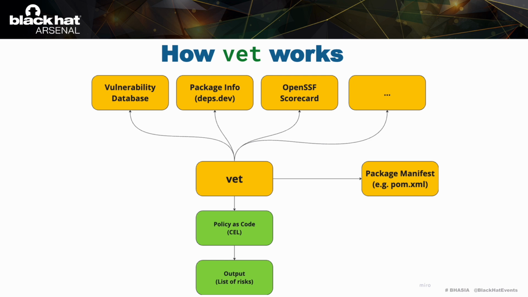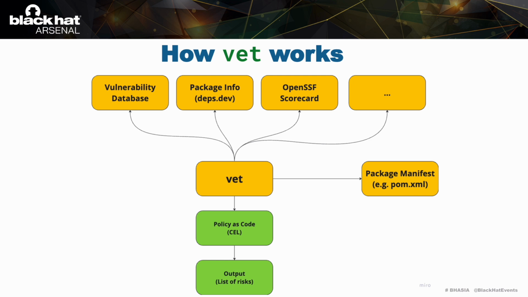So VET looks at all these data sources for various metadata associated with discovered packages and package versions in your application. Subsequently, VET will pass on all this metadata to the policy layer where, as users of VET, you can write policies defining what is risk for you and what is not.